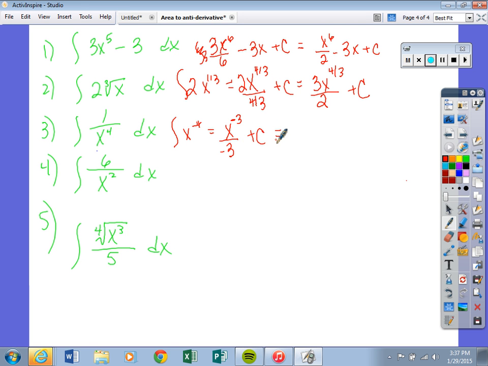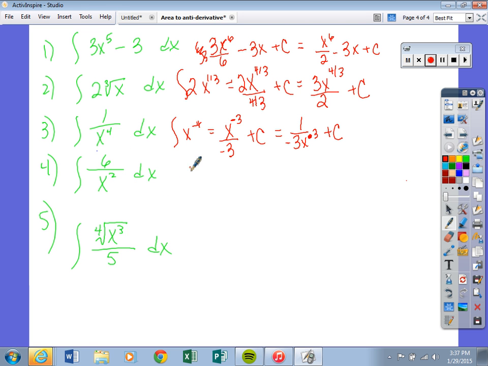Now this can be cleaned up because you don't ever want to leave a negative exponent. So this term needs to go back into the denominator. So there'll be a 1 left on top. This goes back down with the -3. Oh, my bad. It's now a +3, sorry. And then plus c. Okay, so that's your final answer there.